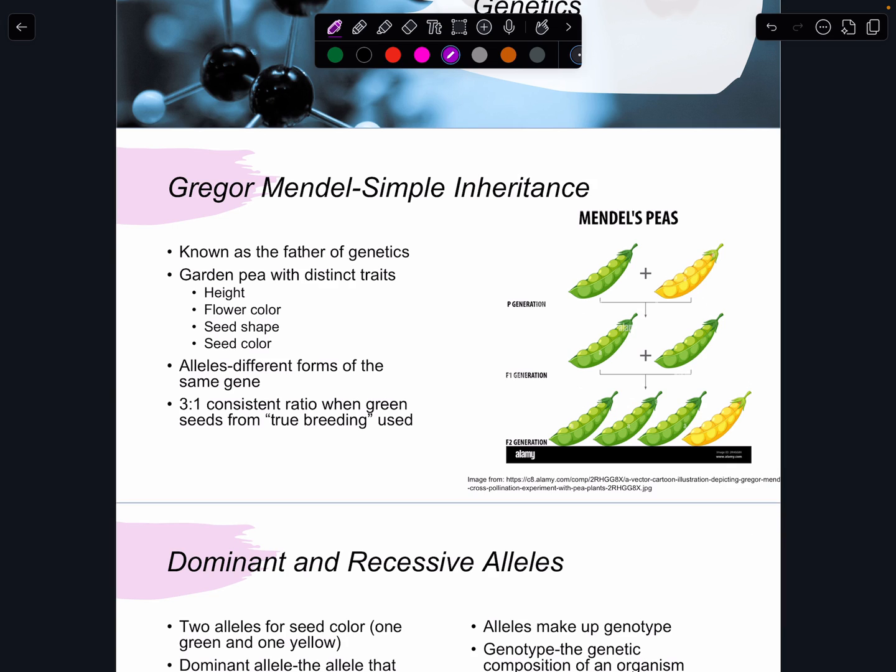So, being a monk, he had a lot of time to investigate what intrigued him, and that's when he got into figuring out genetics.